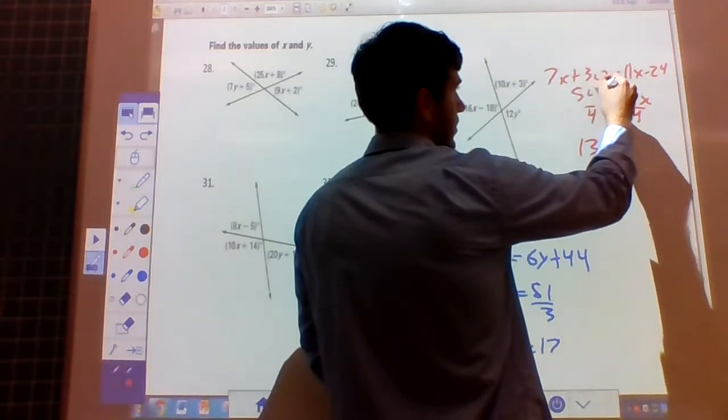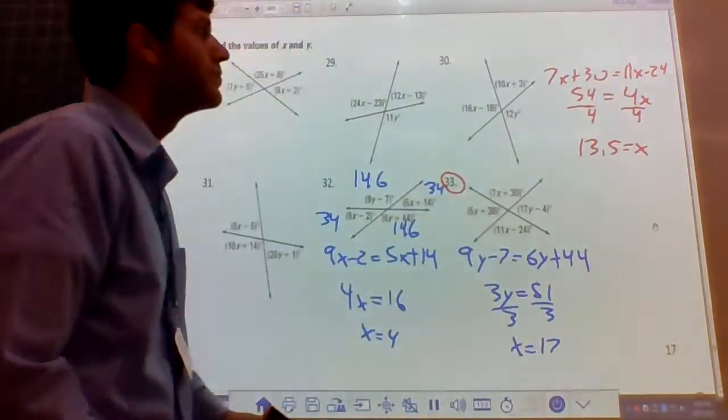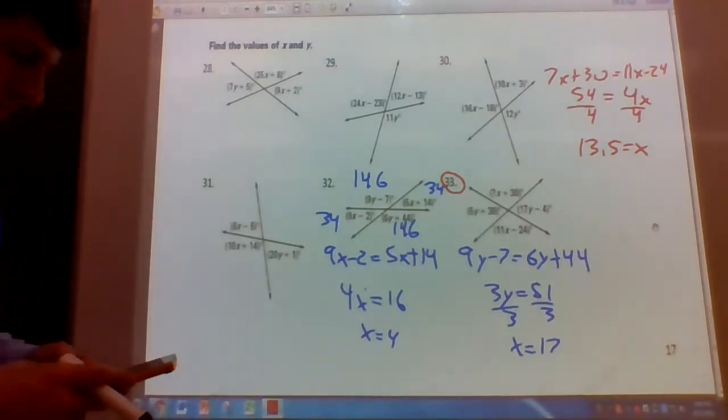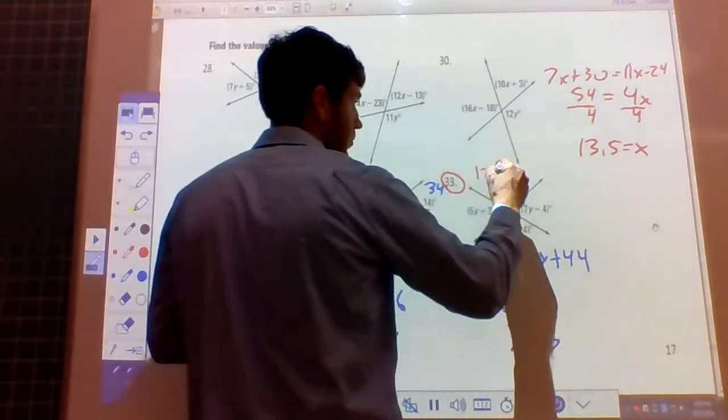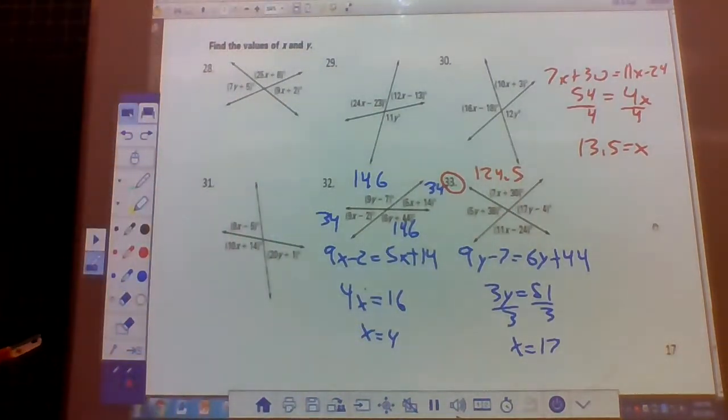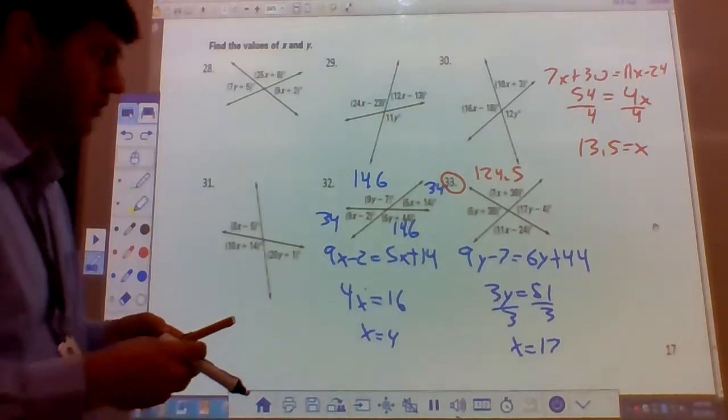This is 54. Right, 13 and a half. Let's plug it in and make sure. 7 times 13.5 plus 30. 124.5. 11 times 13.5 minus 24. So 124.5.